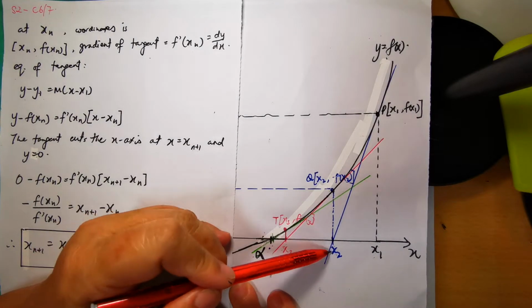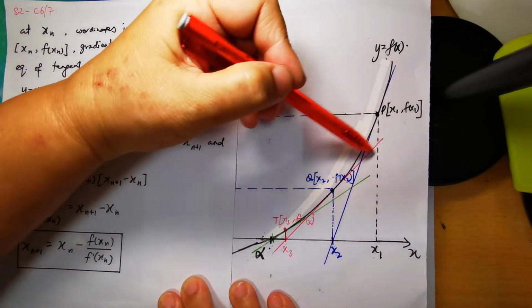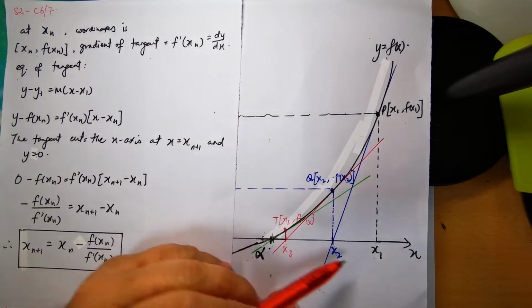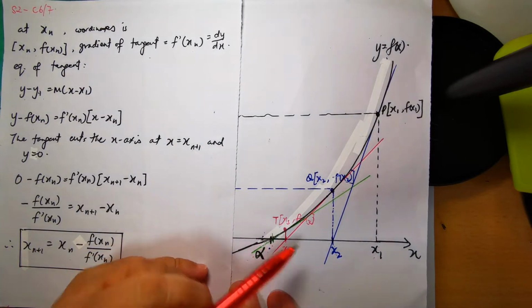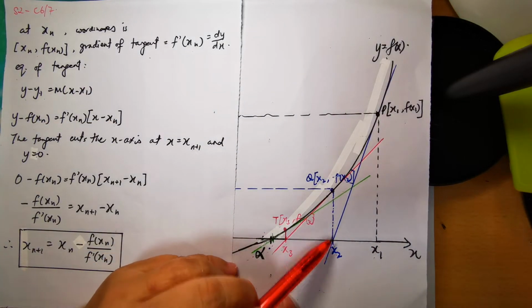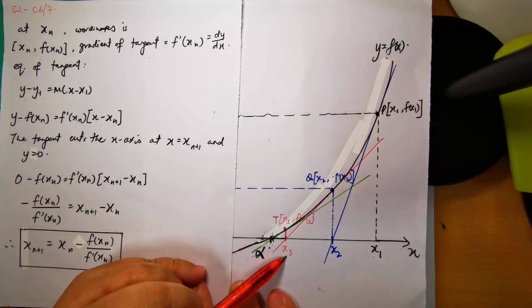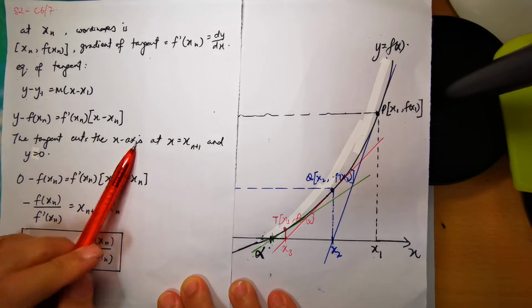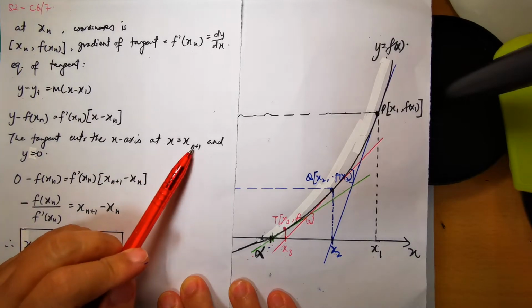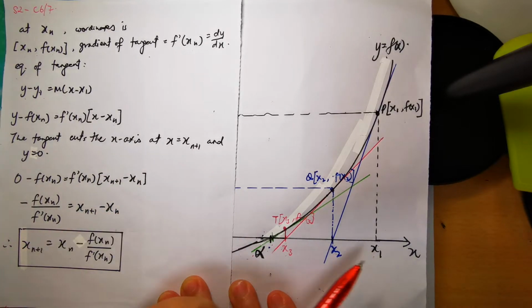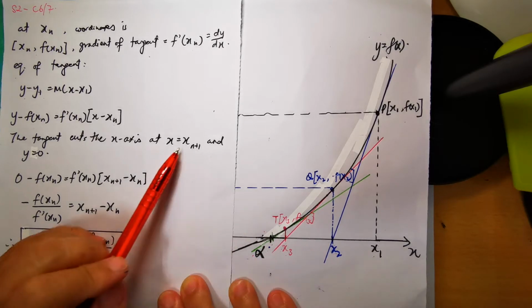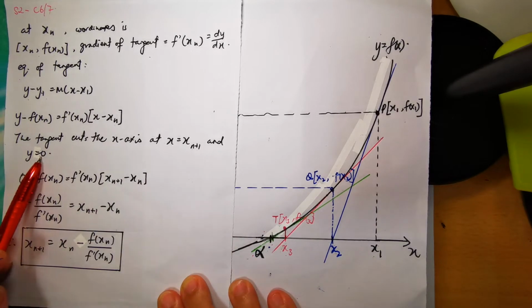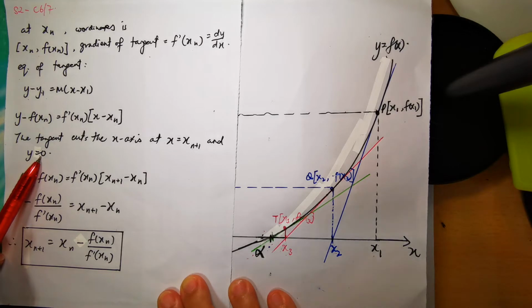And the tangent at x2 here will cut the x-axis again at x3. So each tangent will cut the x-axis at the point x equals xn plus 1. If this is 1, then this is 2. If this is 2, then this is 3. N plus 1. And y definitely equals 0 because it cuts the x-axis.